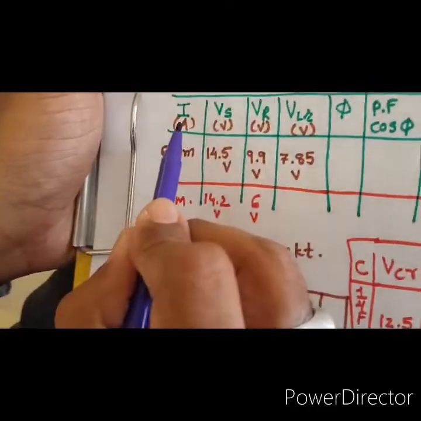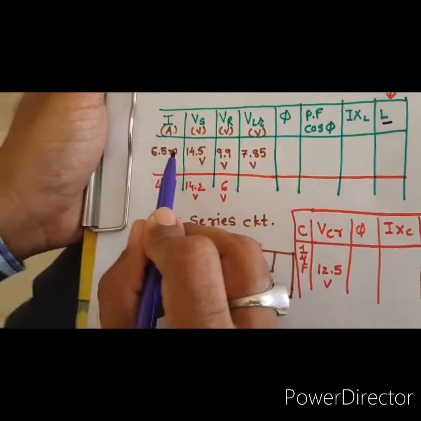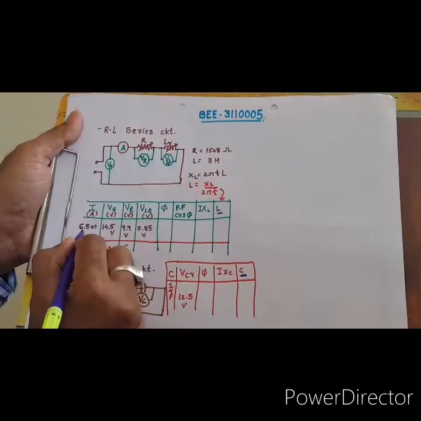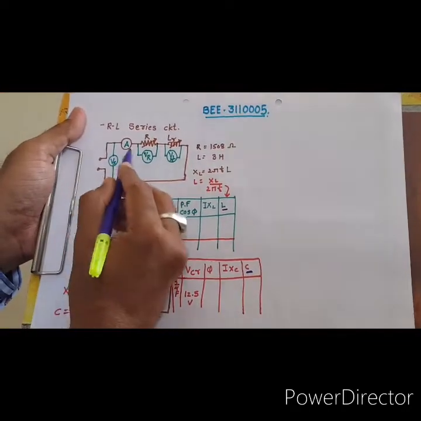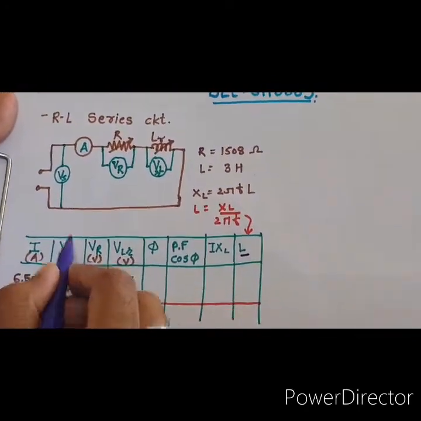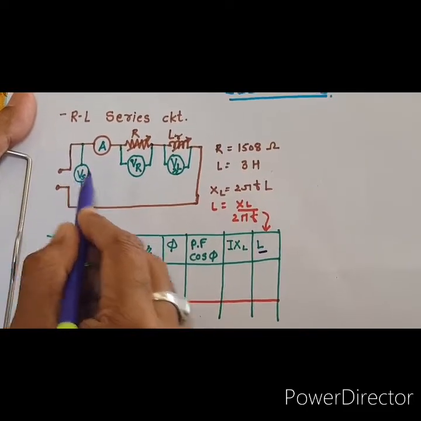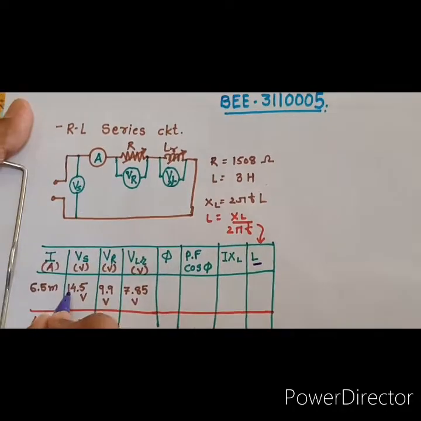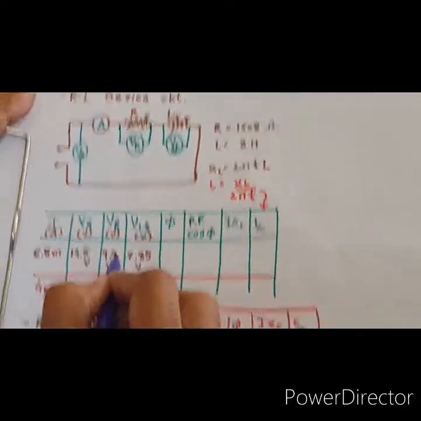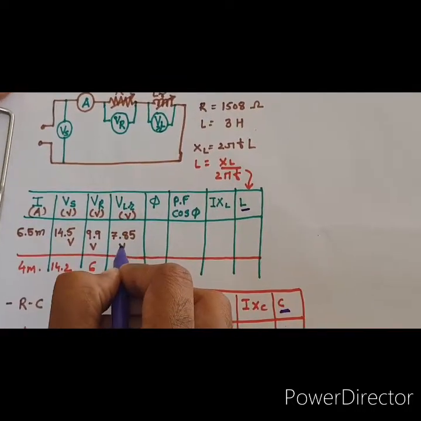The current value of the circuit is 6.5 milliampere, measured by this ampere meter. The supply voltage Vs is 14.5 volt. The voltage drop across R is 9.9 volt and the voltage drop across the choke is 7.85 volt.